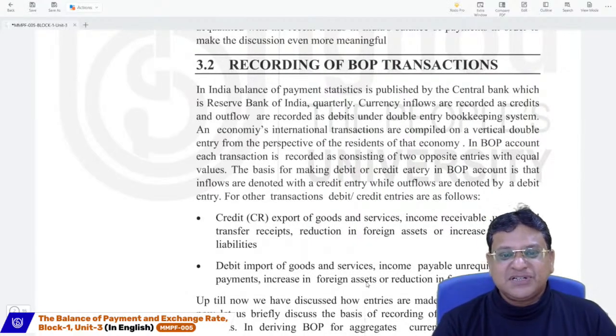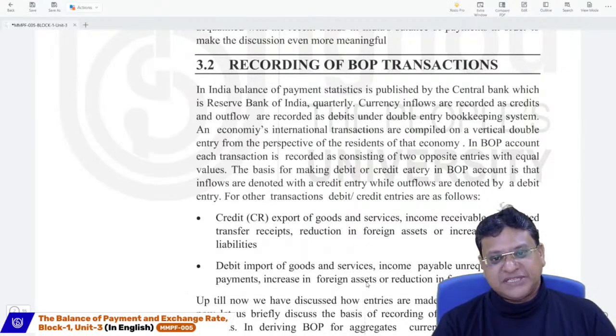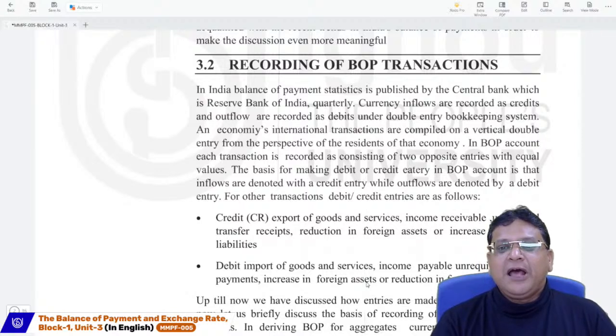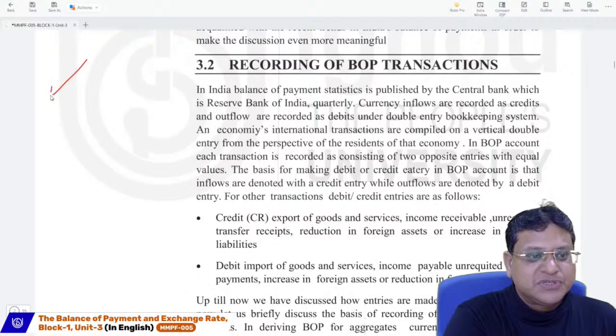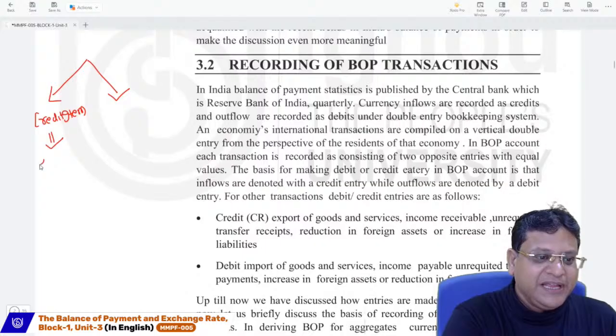Another type results in outflow of currency. The inflows of currencies are credit items. So what are credit items? There are certain credit items. Credit items are those items which result in inflow of foreign currency.